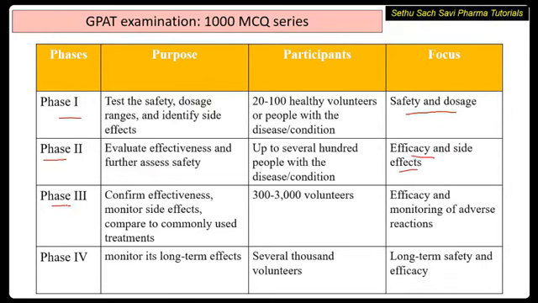Coming to the phase 3, in phase 3 what we will be checking is the efficacy as well as monitoring the other ADRs. And coming to the phase 4, this is a long-term study, post-marketing surveillance study. So we will be testing the long-term effect as well as the efficiency of this drug. So here, as the number of phases increases, the number of participants also increases.